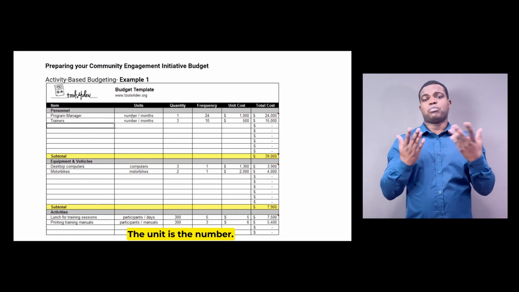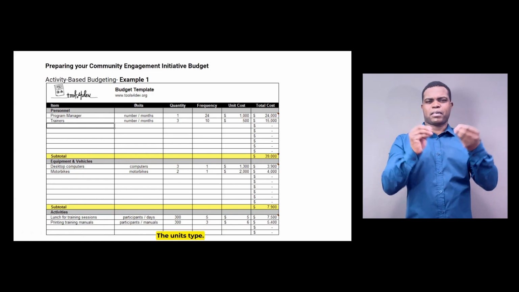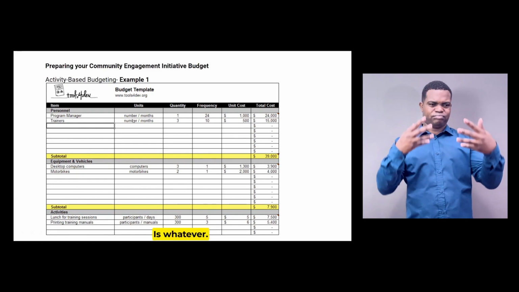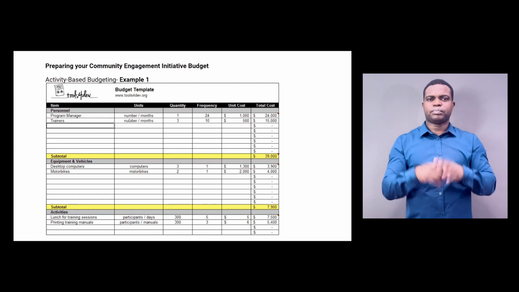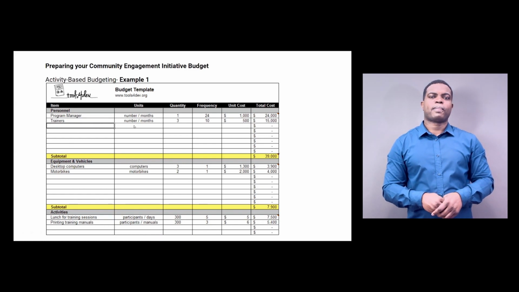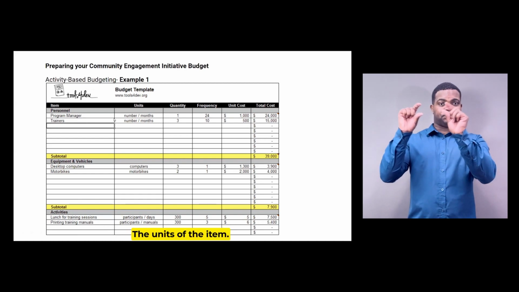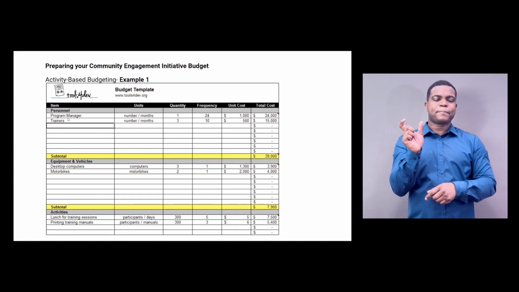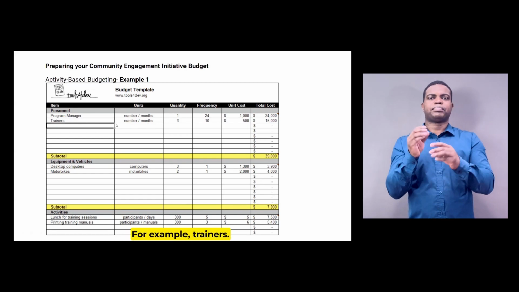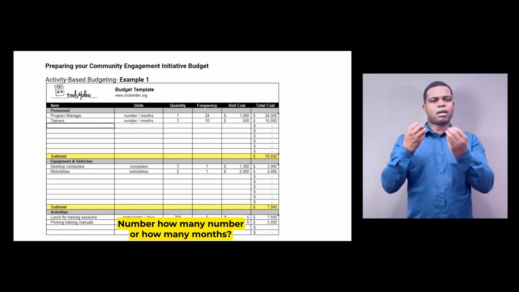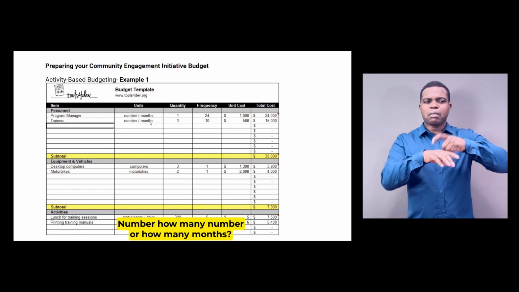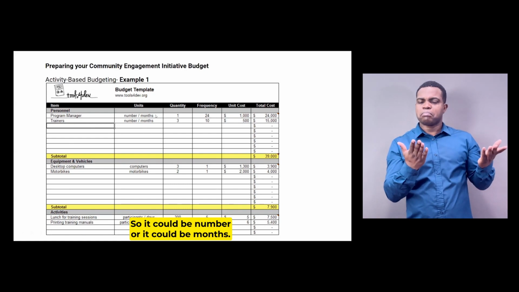The unit is the number, the unit type is whatever the unit of the item is. So for example, trainers: how many in number, or how many months. It could be number or it could be month.